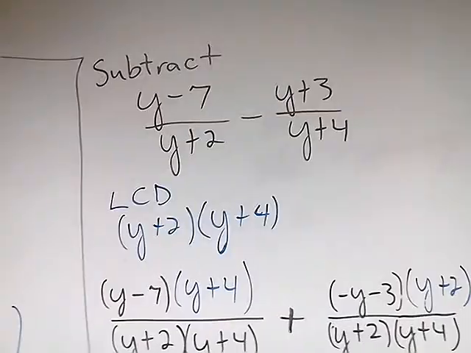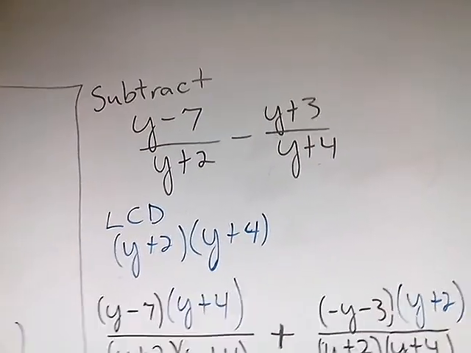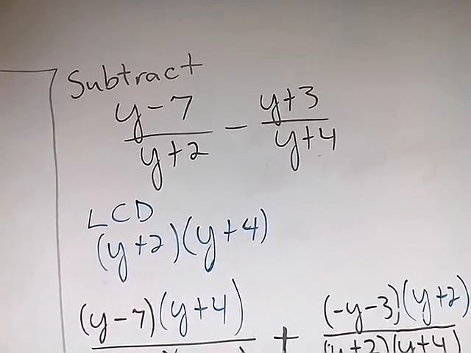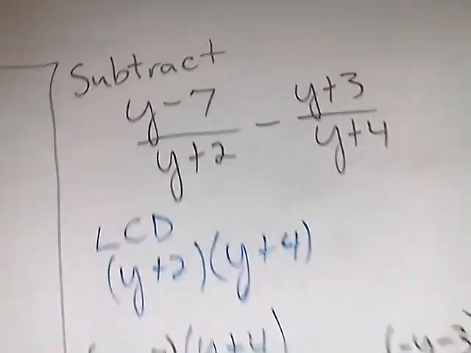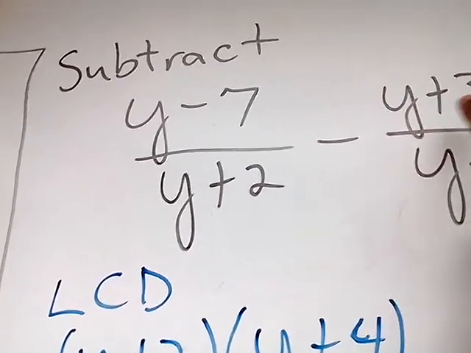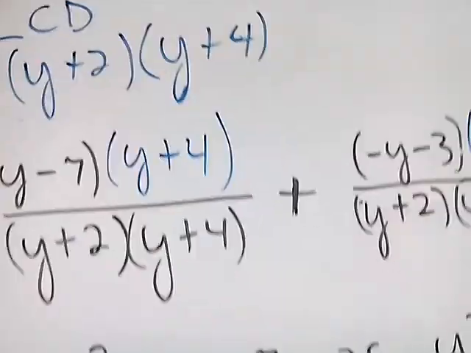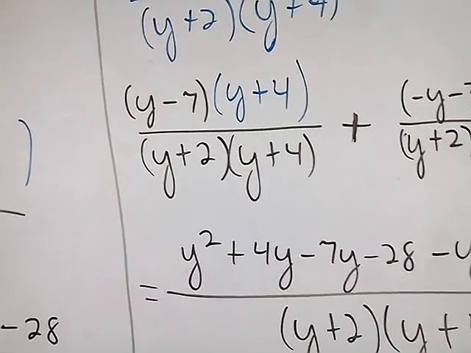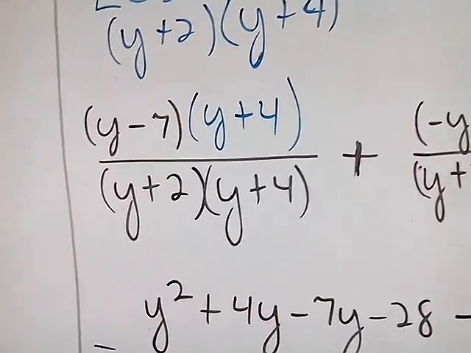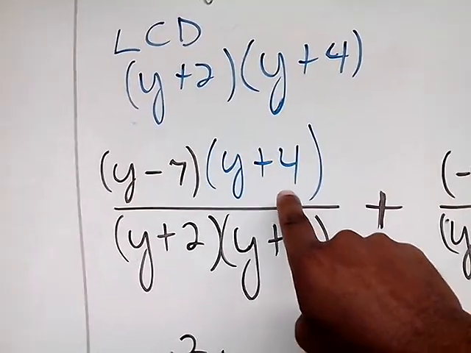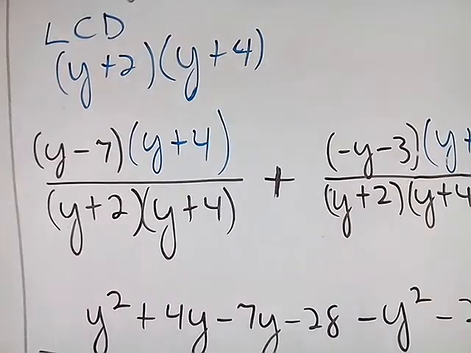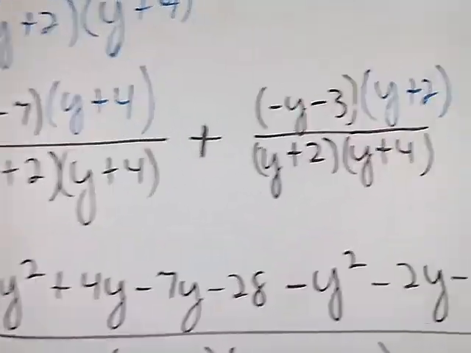In a subtraction example, we follow a pretty similar path as the last two. But in a subtraction example, this minus sign has to be distributed to both the y and the 3. So what we did is we come out with our LCD, and then following our process of multiplying our numerators by what was missing in our denominator.